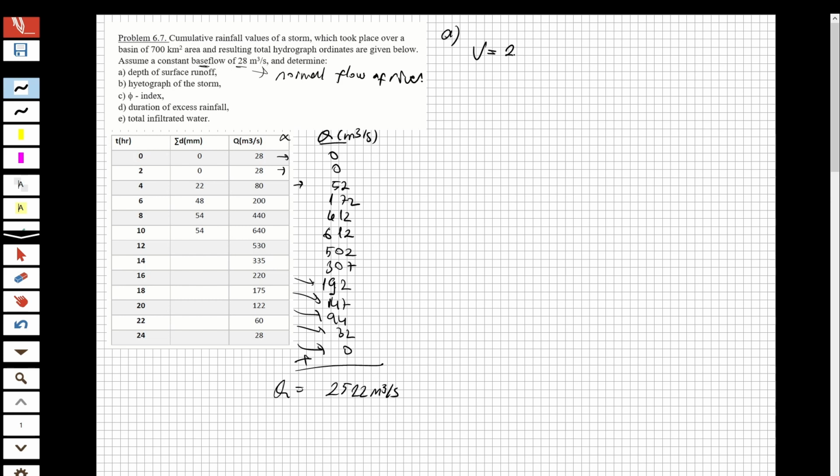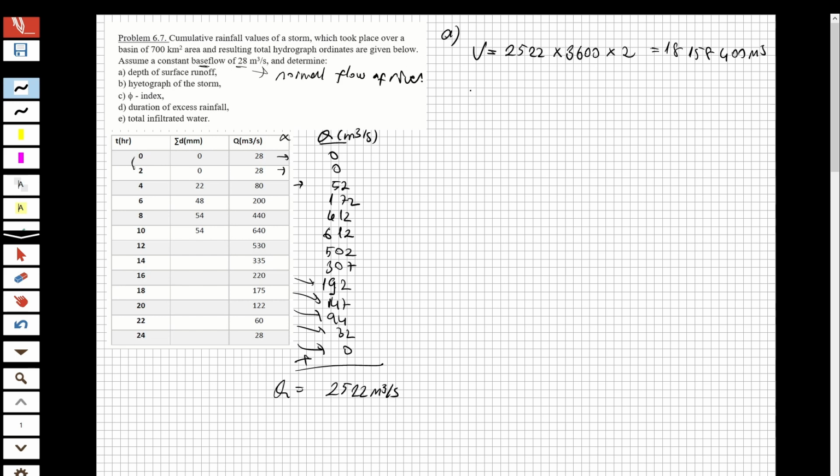Volume will be equal to 22 meter cubic per second multiplied by 3,600 seconds for 1 hour. So multiplied by 2 hours. Why? Because you can look here, the difference between the two measurements is 2 hours. So this is going to be 18,158,400 meter cubic as the volume of the surface runoff.